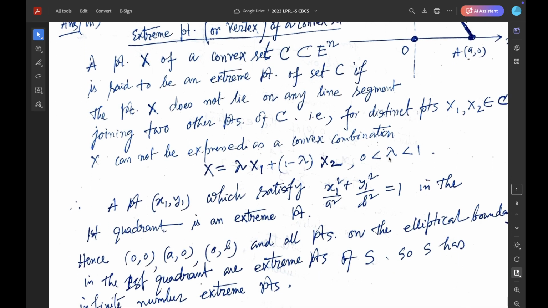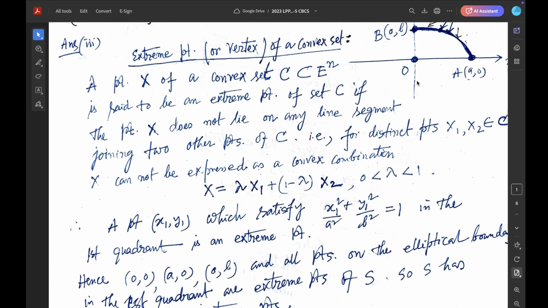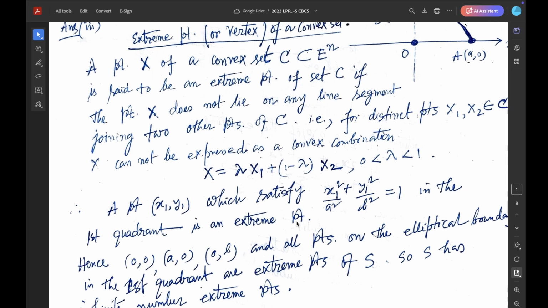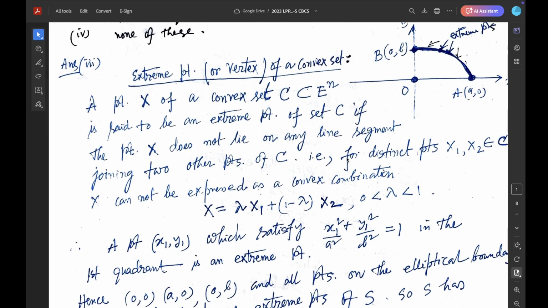And hence (0, 0), the origin, (a, 0), this point we say capital A, and (0, b), and all points on the elliptical boundary in the first quadrant are all extreme points, because we cannot draw any line segment through this point joining two other points of the convex set.